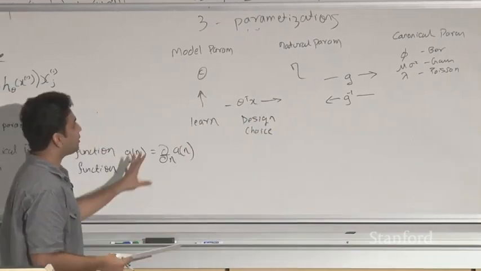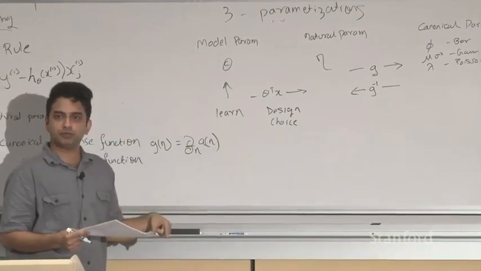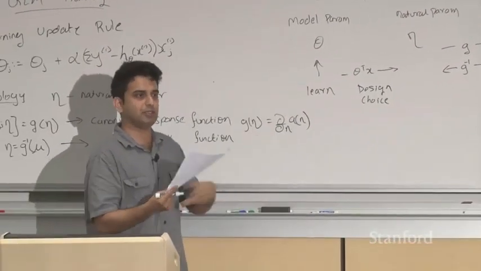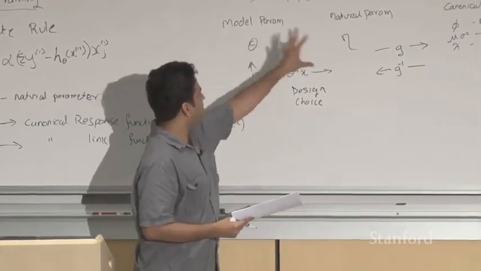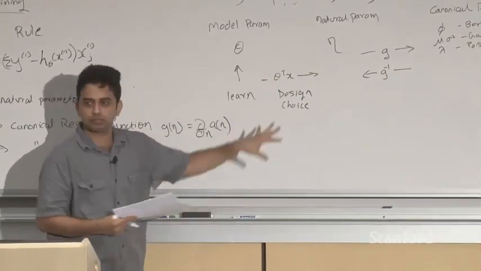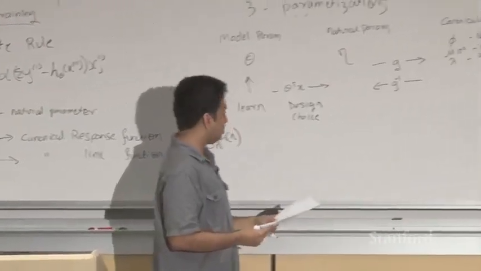So it's important to realize, it can get pretty confusing when you're seeing this for the first time, because you have so many parameters that are being swapped around and reparameterized. There are three different ways in which we are parameterizing generalized linear models.